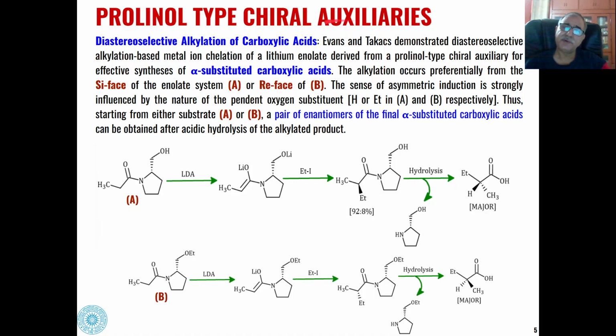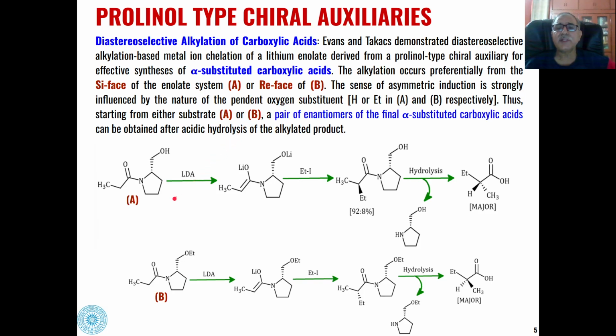These types of chiral auxiliaries were first used by Evans and Takacs, and they demonstrated that diastereoselective alkylation of carboxylic acids can take place through a metal ion chelation based mechanism. Generally they used lithium enolates derived from prolinol type chiral auxiliary for the synthesis of alpha substituted carboxylic acids which were chiral in nature.